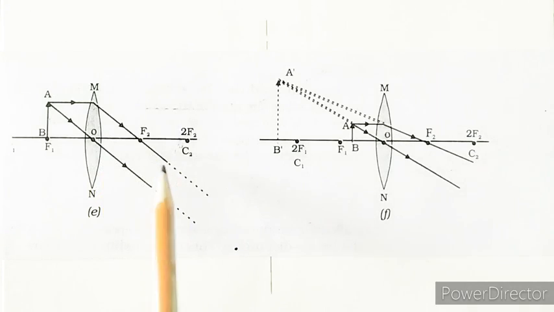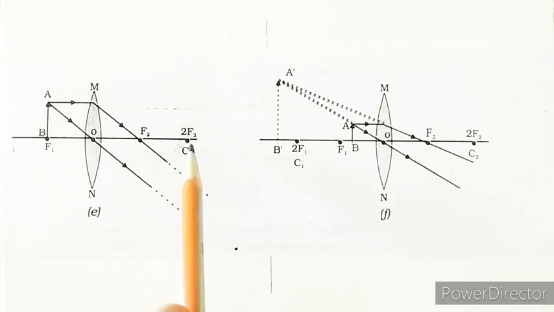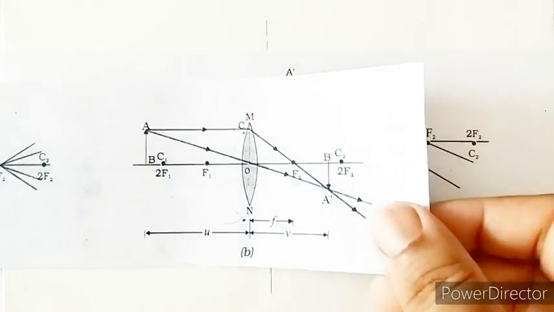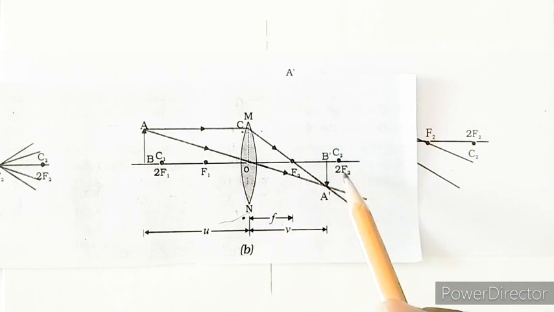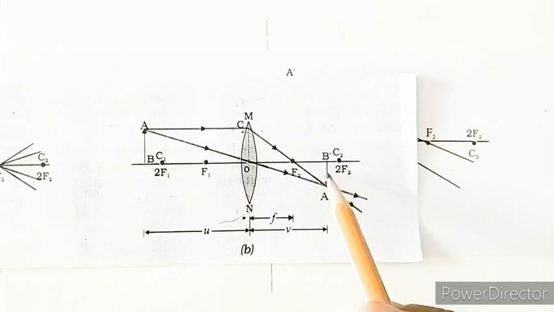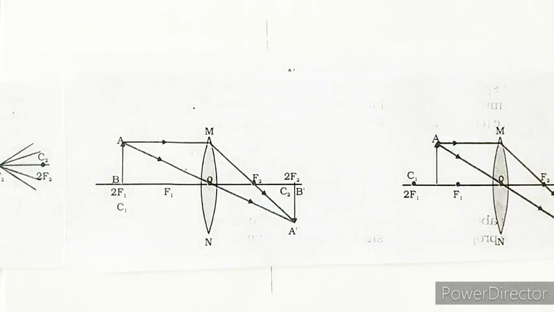So as you go away from this, the size of the image will keep on increasing. If you look at this figure, see the size. It was here between F2 and 2F2, so size is small. Then when the image is at 2F2, it is almost the same size.